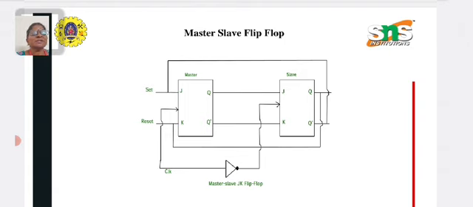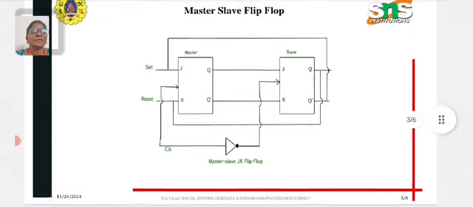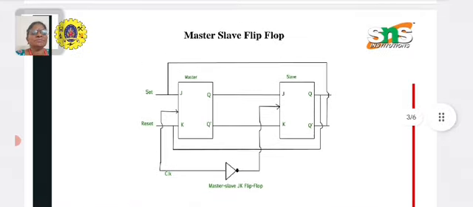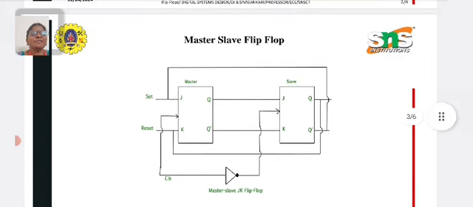The first JK flip-flop will act as the master and the second JK flip-flop will act as the slave. In these flip-flops, we are giving a common clock pulse, and we are also using a buffer for the second clock pulse.